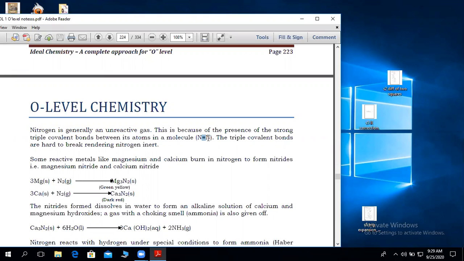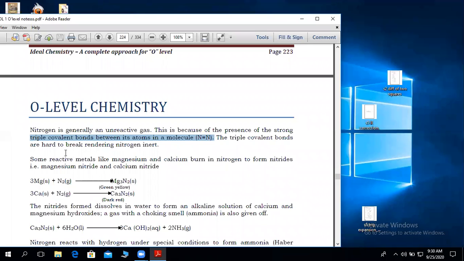So the bond between two nitrogen atoms is very strong, and it requires a lot of heat energy to break it. So we are saying this is because of the presence of strong triple covalent bonds between the nitrogen atoms in the molecule. Then you can show this triple bond.